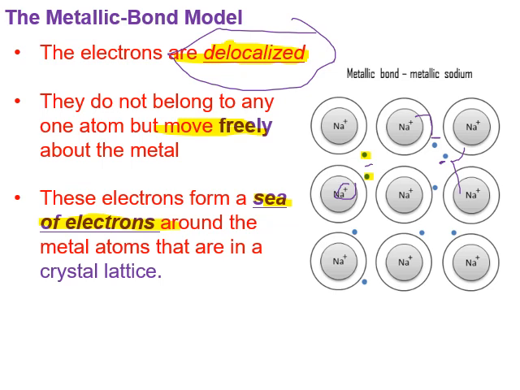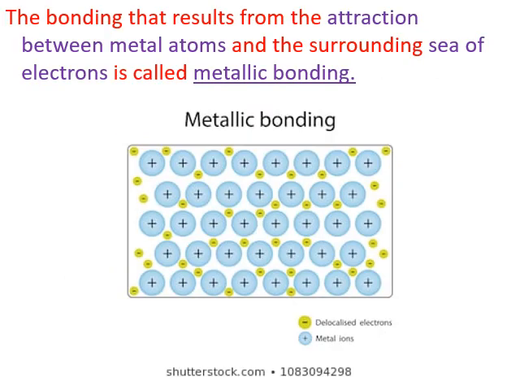Well, in a metal, the electrons stick to the atoms, even though these electrons are moving around, like he's here, he'll go here, he'll go here, here, here. They move, but they stick together because of that attractive force between the positive and the negative. And so that attractive force is called metallic bonding. It's just these electrons that are delocalized, they move, they're attracted to the positive atoms, and so they all stick together.